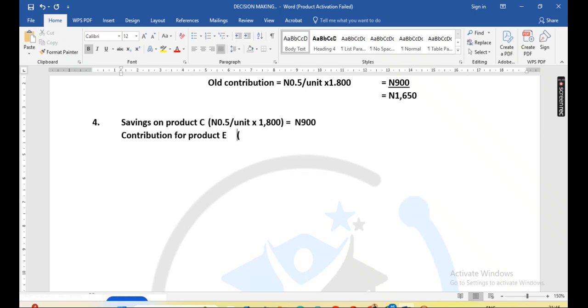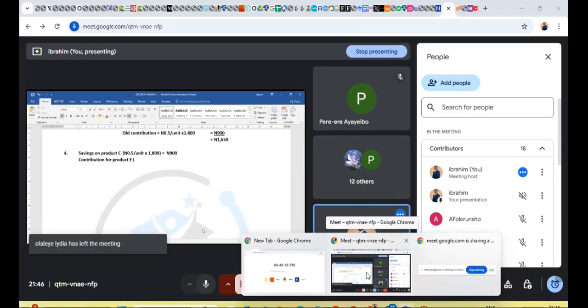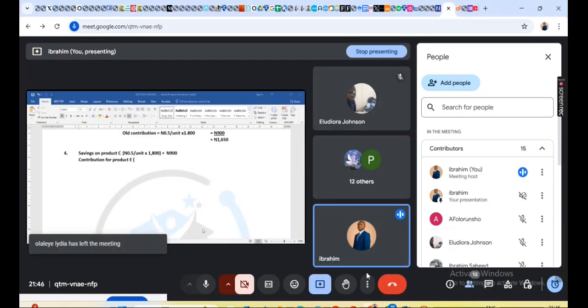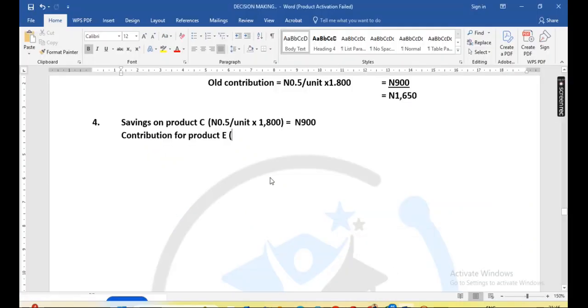Okay. So what is the selling price? Figure. What is the selling price? The selling price is 9 naira 50 kobo. Thank you. 9 naira 50 kobo.